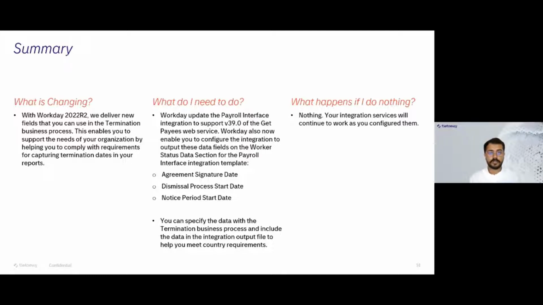What we need to do is use the latest version, that is 39.0, then select the dates while terminating an employee, and then select those fields in the integration field overrides section. What happens if we do nothing? Nothing will happen. It is just that you will not get these fields which have been introduced this time.